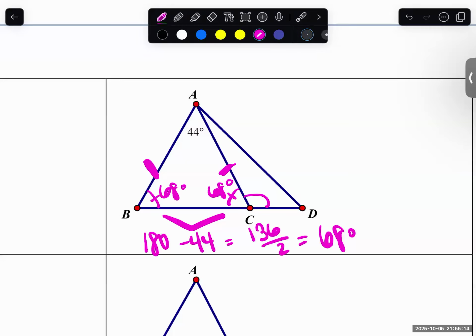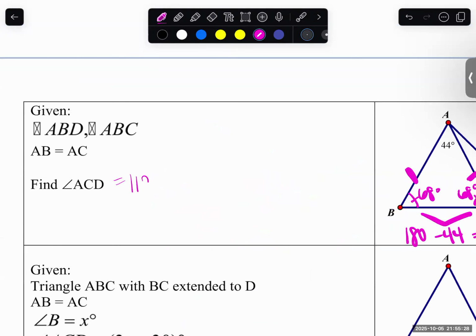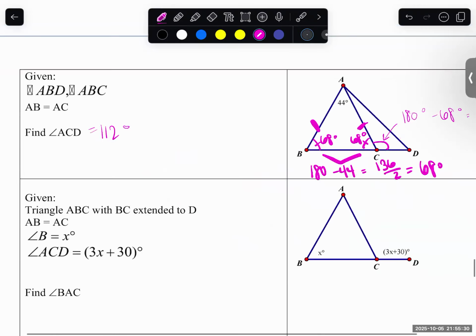Now, that's not what we want. We want this one. But if you notice, they're supplementary. So I do 180 minus 68, and I get 112, which tells me that ACD is 112.